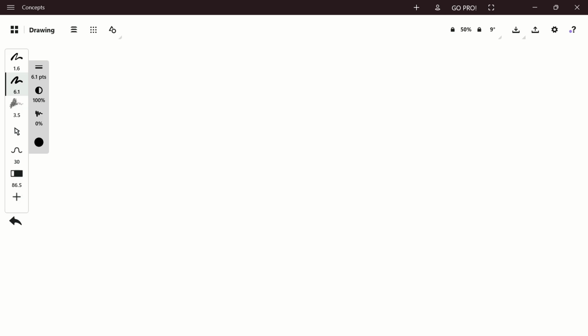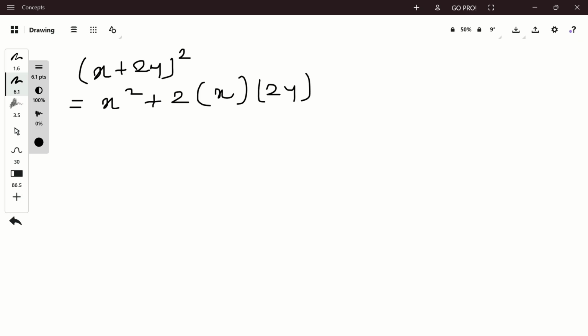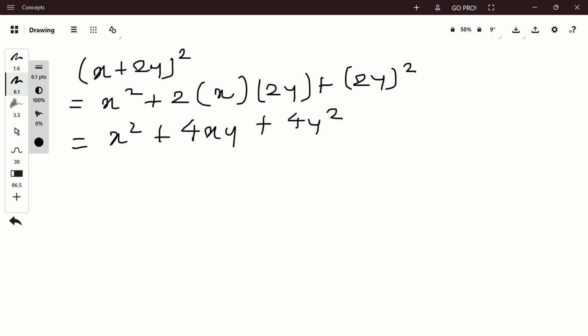Expanding the first term using the algebraic identity a plus b whole square is equal to a square plus b square plus 2ab, we have x plus 2y whole squared is equal to x square plus 2 x 2y plus 2y whole squared, that is equal to x square plus 4xy plus 4y square.